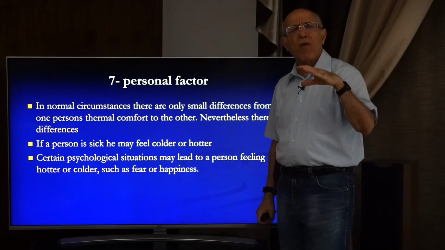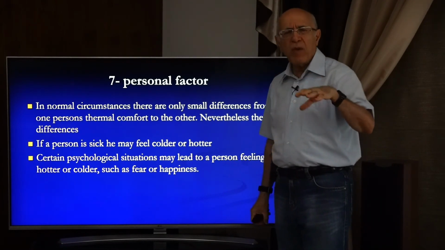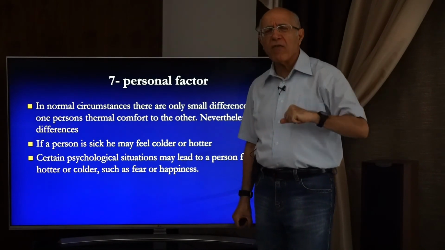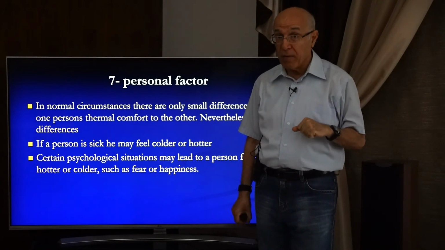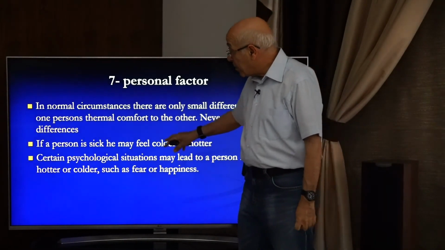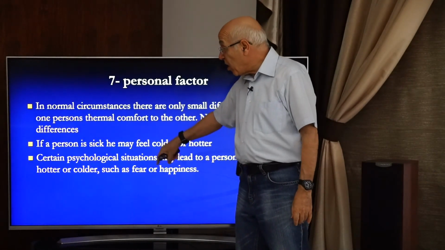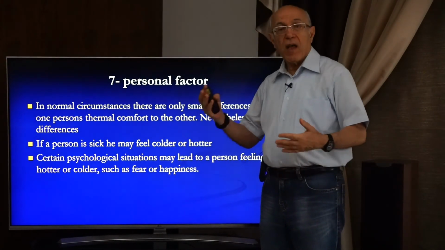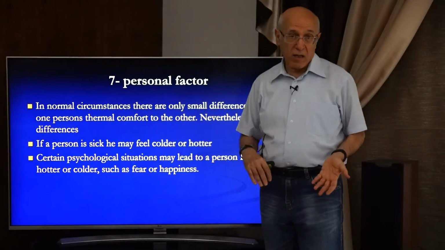But generally most people in normal humidity and a slight breeze will feel comfortable at around 24 degrees centigrade. But that might be affected if the person is sick, or there are certain psychological effects which might make him feel less cold or less hot.